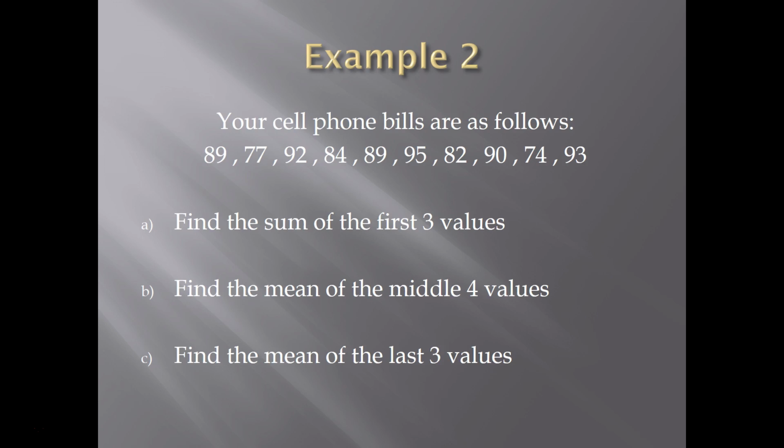In example 2, the first part asks you to find the sum of the first 3 values. Well, we know sum means to add, right? And so we're looking to add some things. What are we looking to add? It said find the sum of the first 3 values. Well, the first 3 values are 89, 77, and 92.